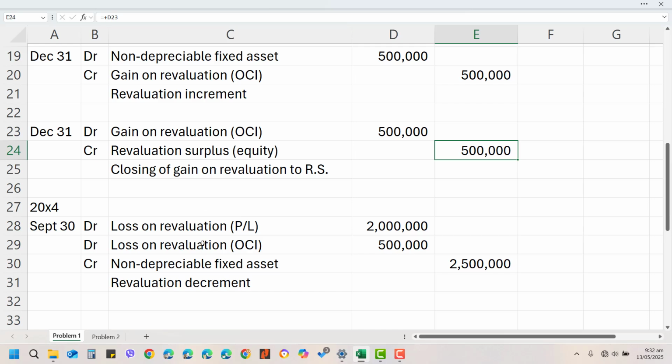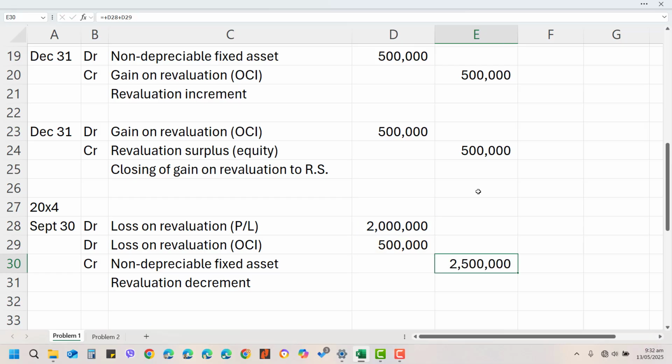So to offset that on revaluation surplus, you have loss on revaluation OCI, and then loss on revaluation PL here. So you have to remove that first. Remember the total loss is 2.5 million.